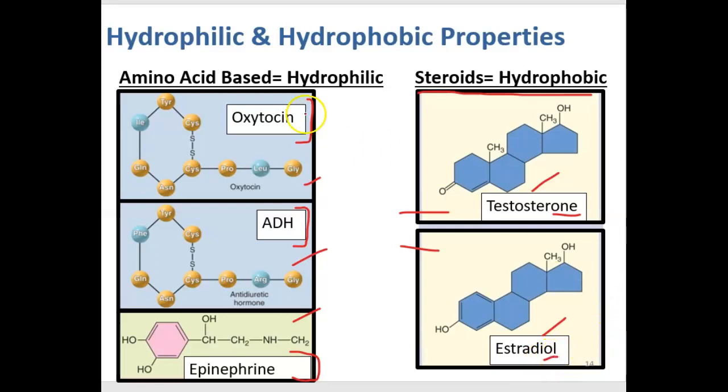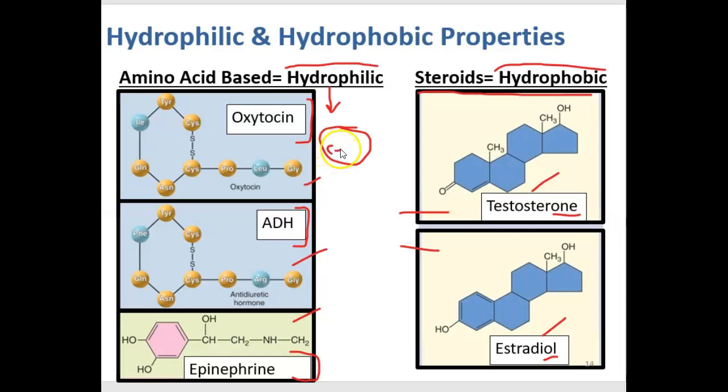And just as, I guess, a foreshadowing, if we think about hormones that are hydrophilic versus those that are hydrophobic, we want to think about how they would interact with the cell membrane of their target cell. If they're hydrophilic, they cannot get into the cell.